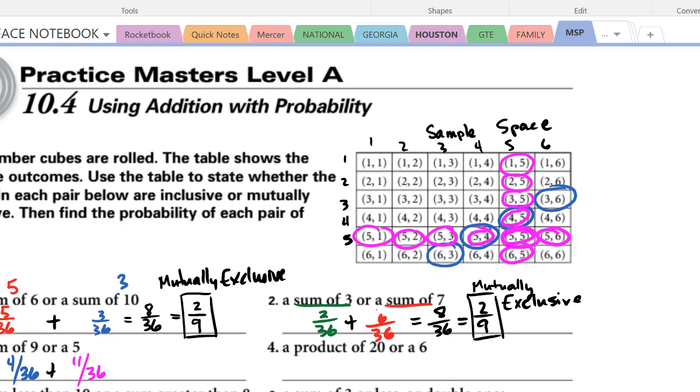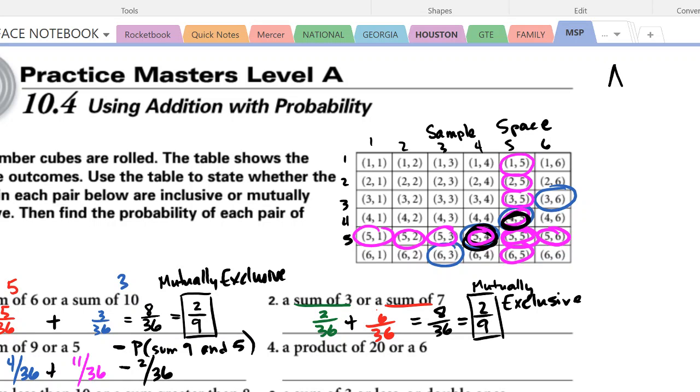What you have to do is subtract the probability of a sum of 9 and a 5. So you're looking to see how many overlapped here. The probability of 9 and it has a 5, that would be 1, 2. So what you would have to do is subtract out 2 out of 36.